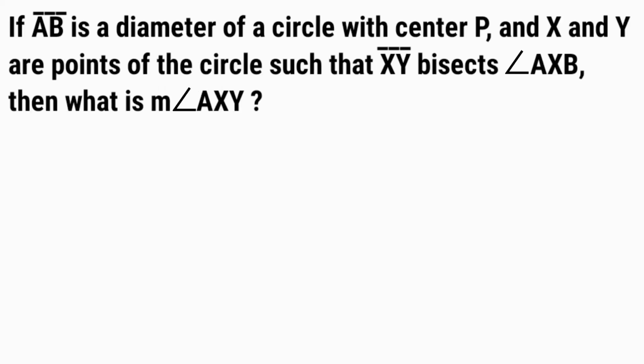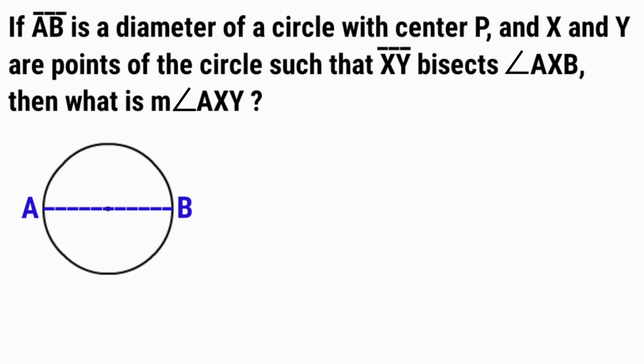If segment AB is the diameter of a circle with center P, and X and Y are points of the circle such that segment XY bisects angle AXB, then what is the measurement of angle AXY? In our figure, we have segment AB as the diameter and center point P and points X and Y. In this problem, we will apply the circle theorem for angles in a semicircle.